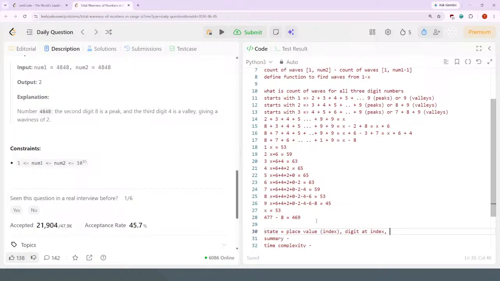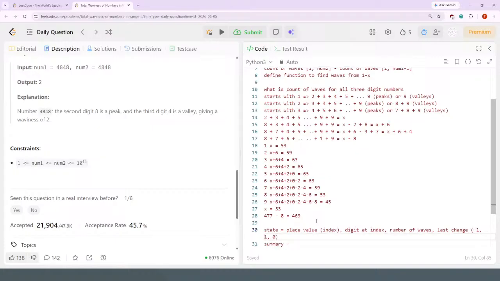The current digit and the number of waves up to this state, and also whether or not the last change was negative, positive, or same.